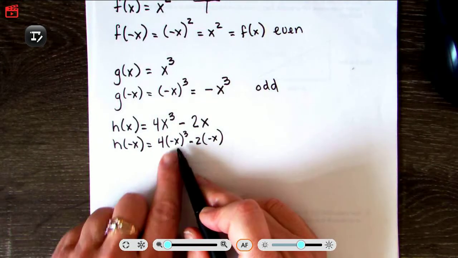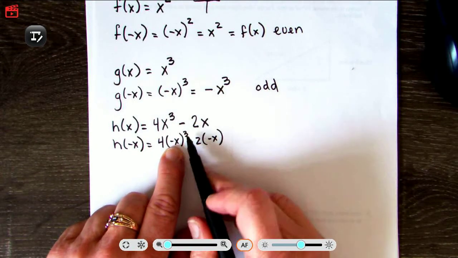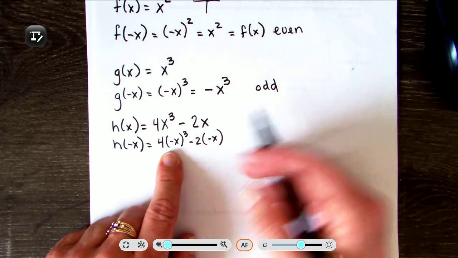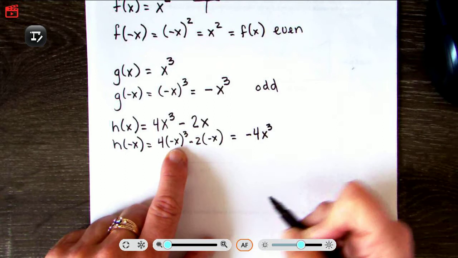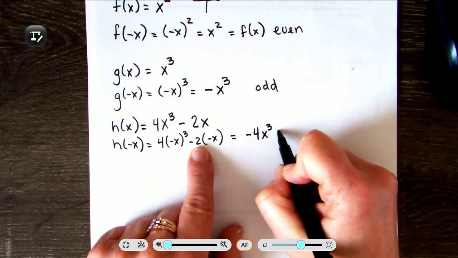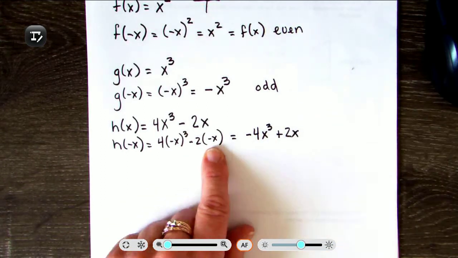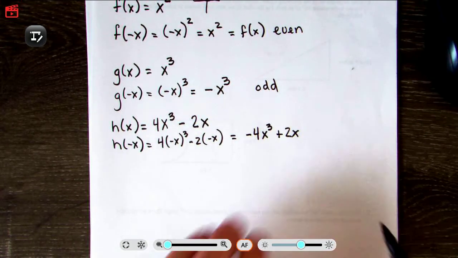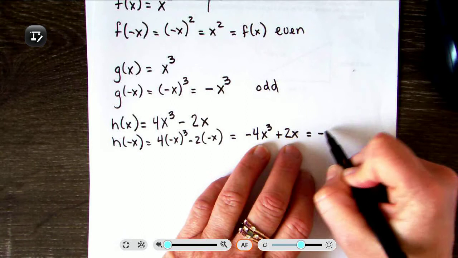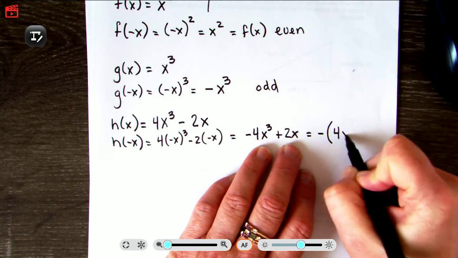Okay, I can factor this negative out because a negative times a negative is a negative. So this turns into negative 4x cubed. Here I'll have a negative and a negative, which is plus 2x. To force you to see that it is the opposite of what I started with, I'm going to pull a negative out of the whole thing.